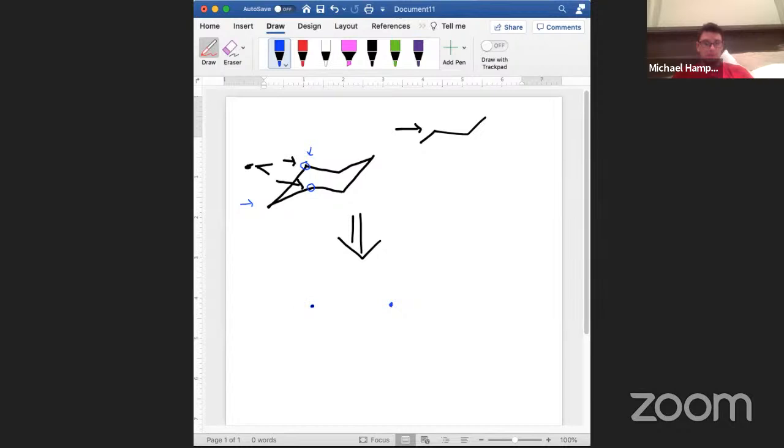Coming down from it, it's going to look like this, and this is your CH2. That's at the bottom corner of the chair. Let me use my head as an example. My fists are the two front carbons, and coming down from them and connecting is my head, the CH2.